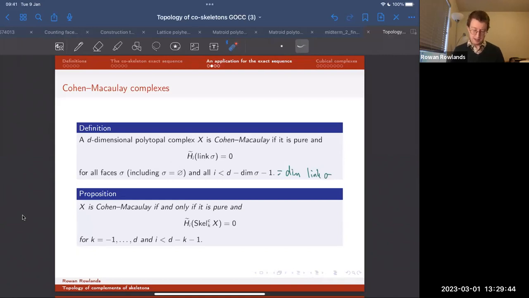From my perspective, this proposition gives some intuition for saying that the co-skeletons encode the information of the links, but in a more global way. They take the local information of links and represent it globally somehow. That's not a very rigorous statement at all, but I think it's a good intuition to have about co-skeletons.